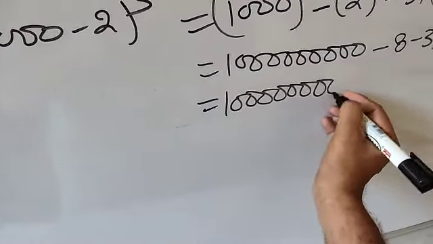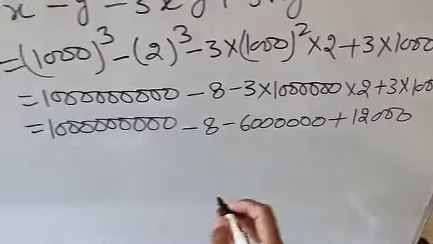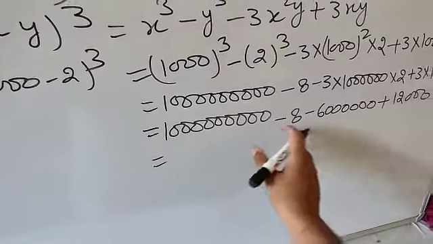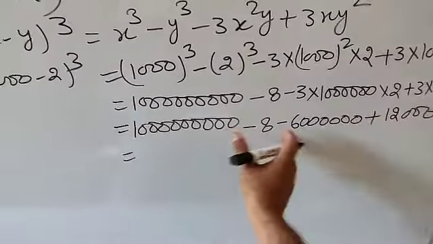And now plus 3 into 4 12, 12 into 1000 12,000. Now you need to simplify that, you need to add and subtract, then you will get the answer. So you need to add these two are the negative, these two are positive. So you need to add this, both are positive, so both will be added.